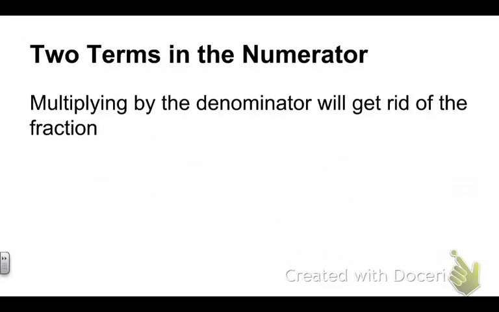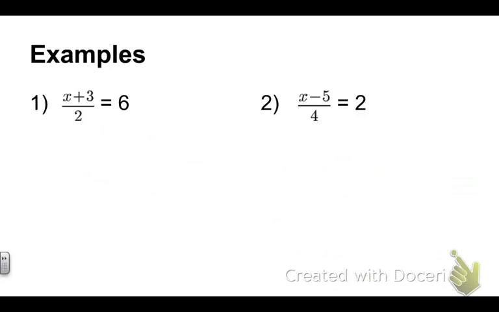Now, if you have two terms in the numerator, that's going to be a little bit different. Multiplying by the denominator will get rid of the fraction. So what I'm talking about is something that looks like this. There's two terms in the numerator. It's x plus 3, then divided by 2.